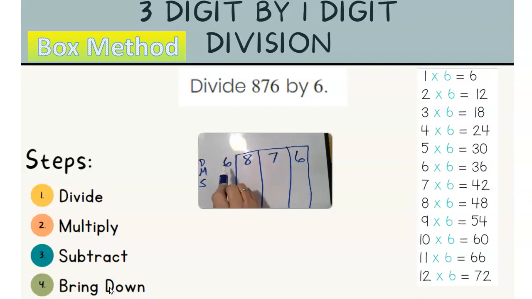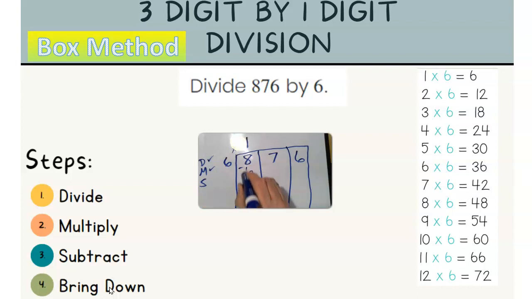Okay, so 6 goes into 8. How many times? 1. Check. I divided. 1 times 6 equals 6. Check.